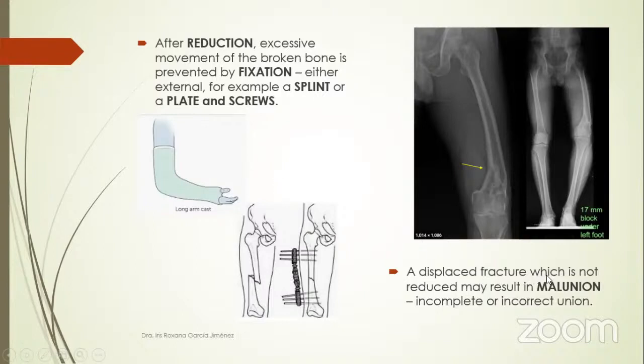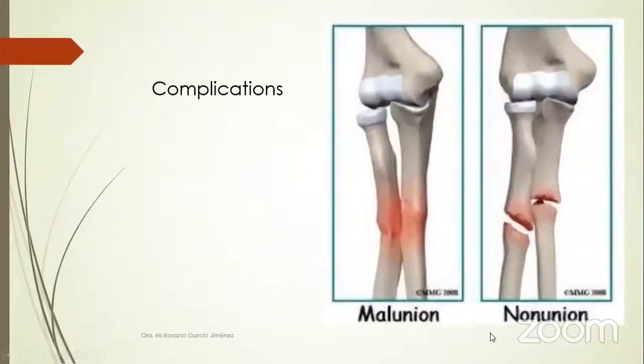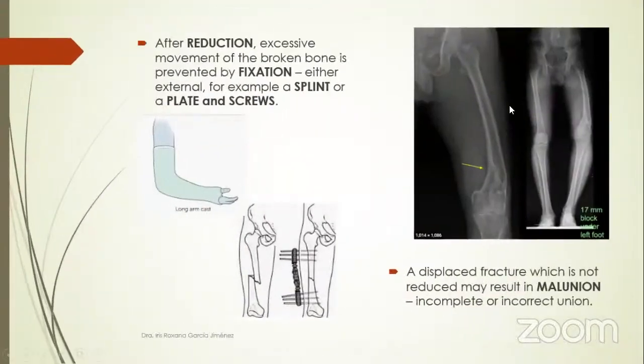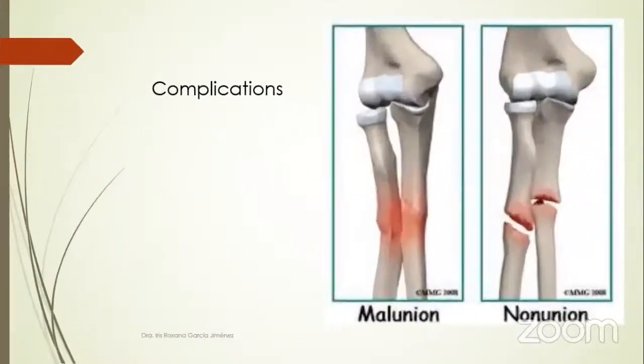A displaced fracture which is not reduced may result in malunion, incomplete or incorrect union. This is the malunion, not in the anatomical position, and the non-union as complications from the malunion, from the incorrect fixation or incorrect reduction of the bone fracture, okay?